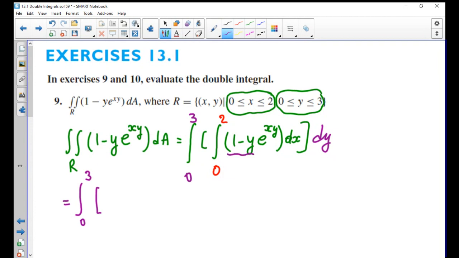Now I want to integrate this function with respect to x. What is the integral of 1? x, good. Then minus, this one is like, think of xy as a u.